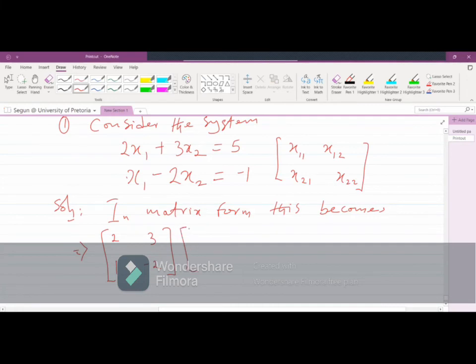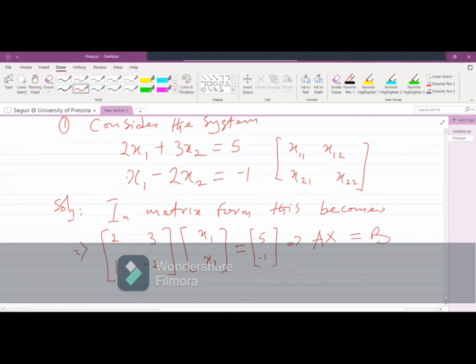So you put your variable here, x1, x2. Everything will now equal 5, 1, -1, which is the same form as AX equals B.